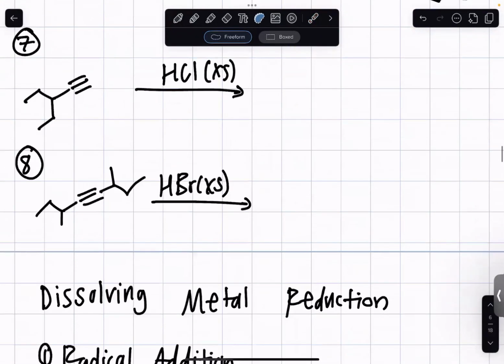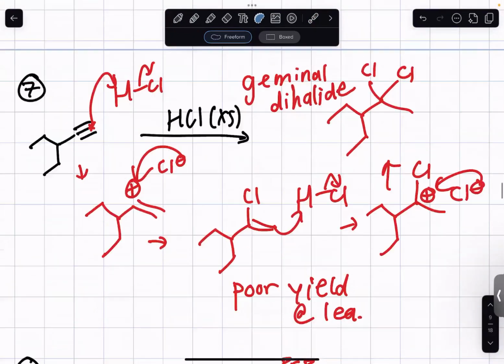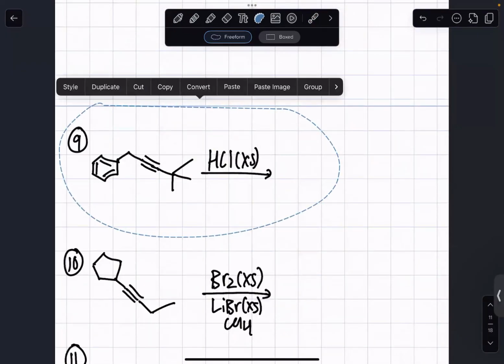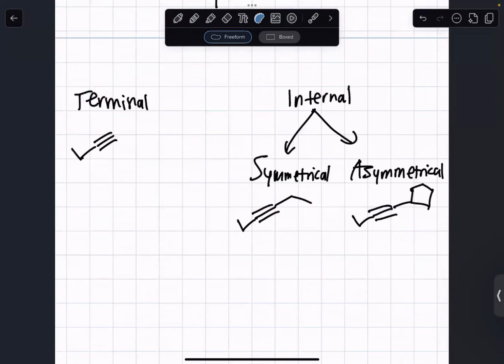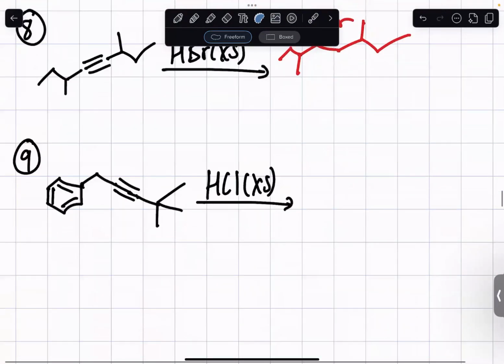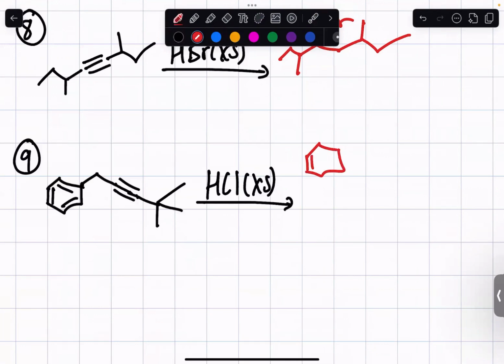Now for number 9, it's a different story. Because for number 9, we have an asymmetrical internal alkyne now, where we do have unequally substituted carbons here. So we're going to get 2 different unique products. 2 chlorines for each carbon of the alkyne.